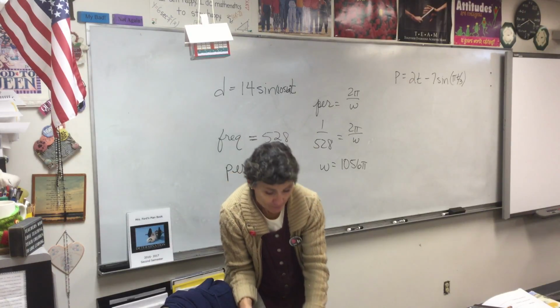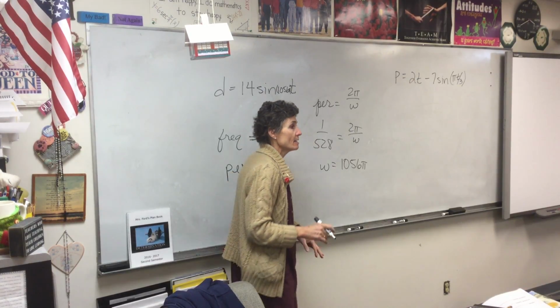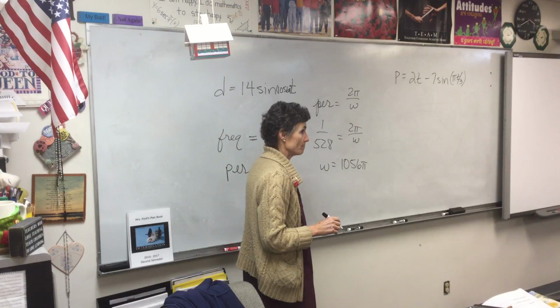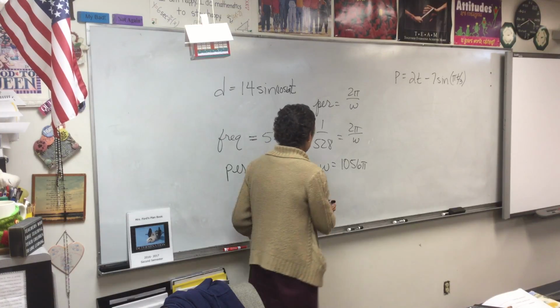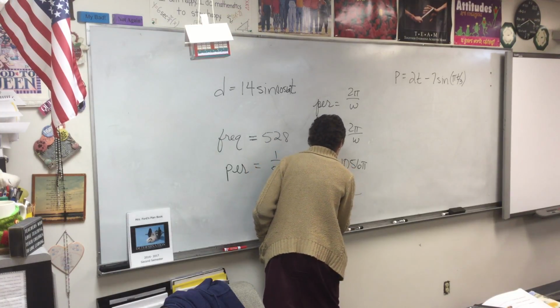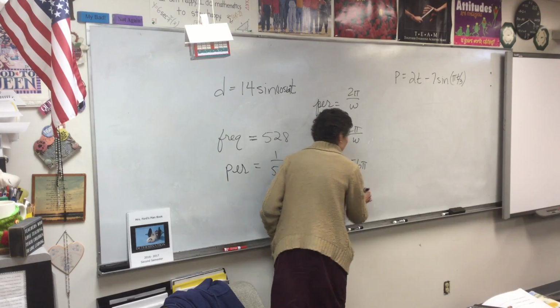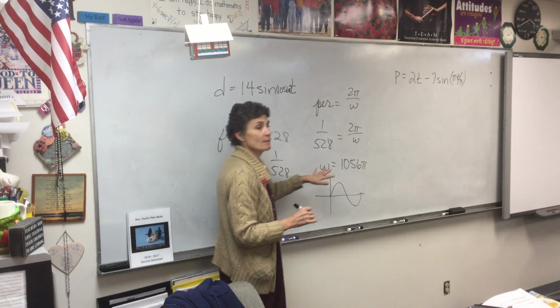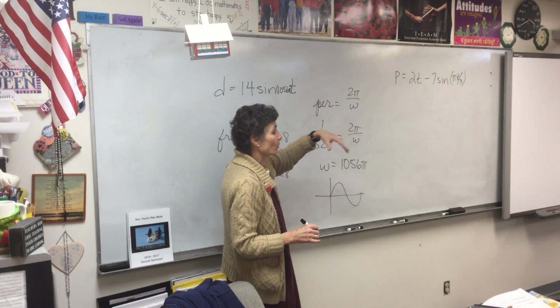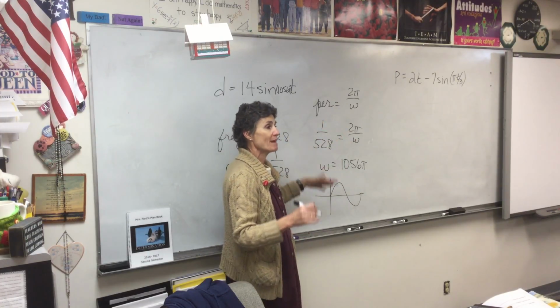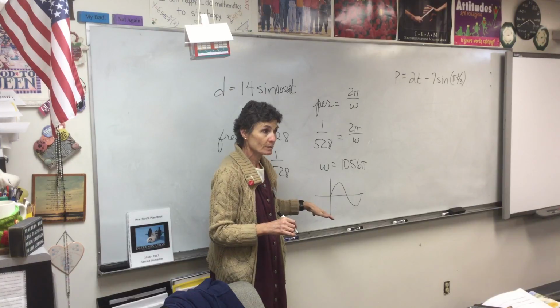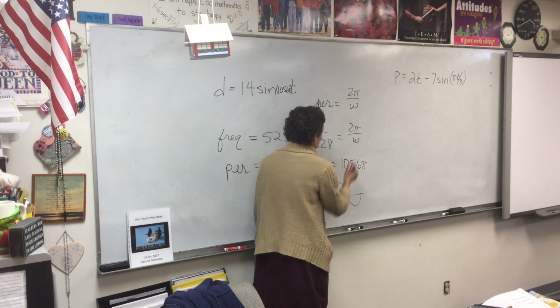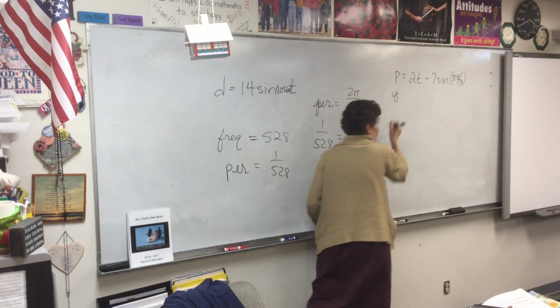Okay, now, this is a sine problem, and we know that sine problems go up and down. There's some other stuff going on in there, but if this were just a basic sine problem, P is like your Y value.